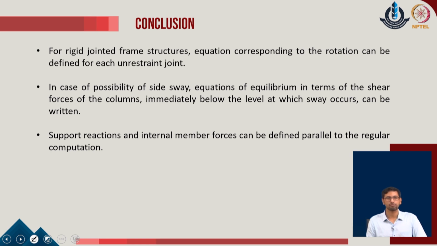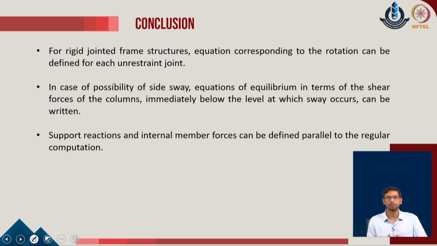So, what we understand is that for rigid joint frame structures, the equations corresponding to the rotation can be defined for each of the unrestrained joints, or the joints where degrees of freedom are available. In the case of any sway being possible in the given problem, we also define the equilibrium condition in terms of the sway parameters of the given system, and typically while defining the sway, we take care that member extension is not allowed.